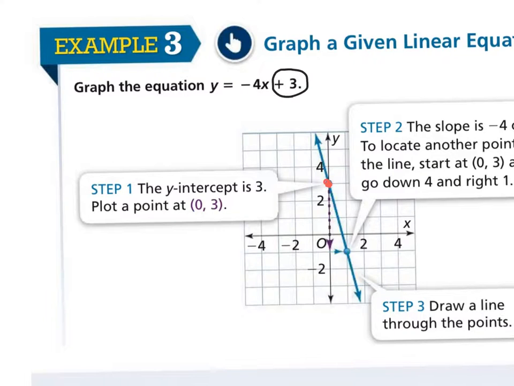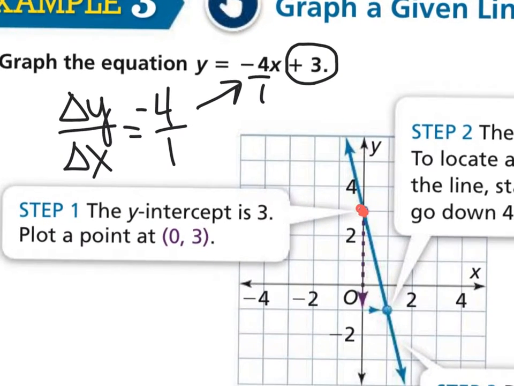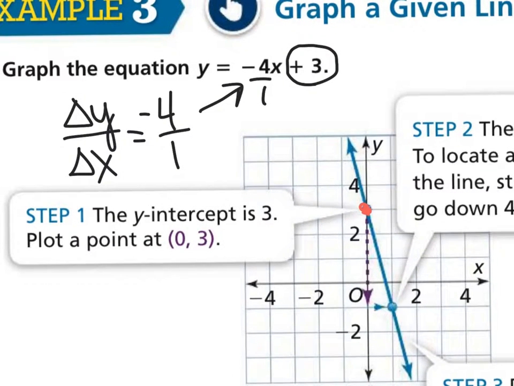From that point we can use the slope. Slope is negative 4, which is like negative 4 over 1. And remember, slope is change in y over change in x. So if my slope's negative 4, from that point 0, 3, from my y-intercept, I can use that slope to find another point on the line. In other words, change in y is negative 4, we can go down 4.